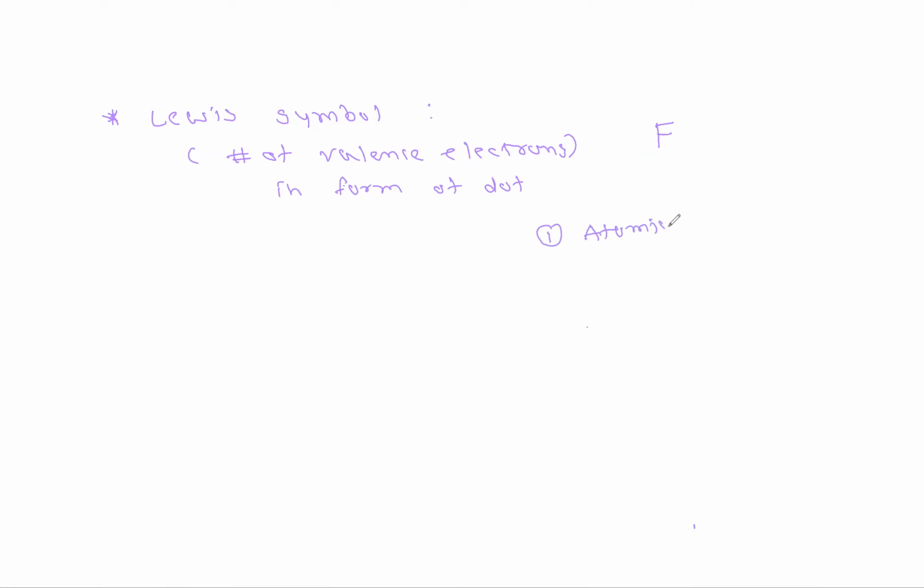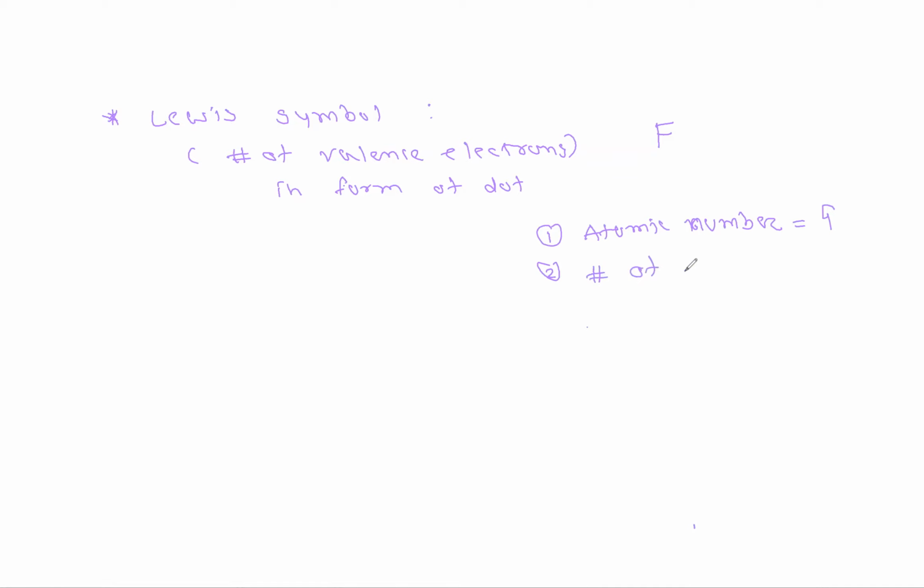Atomic number. Can you tell me the atomic number for fluorine? 9. That's great. You can just look at the periodic table, look at the box, look at the sequential number that goes up by one digit in every box. That is your atomic number, 9. So the number of electrons would be what?